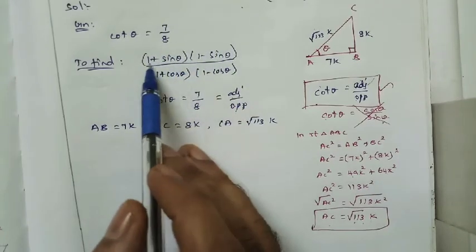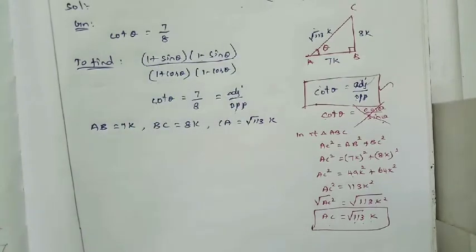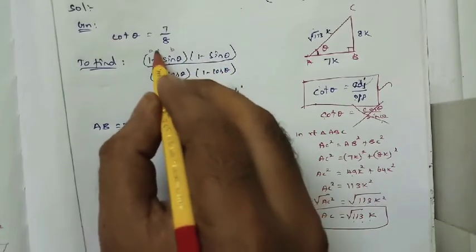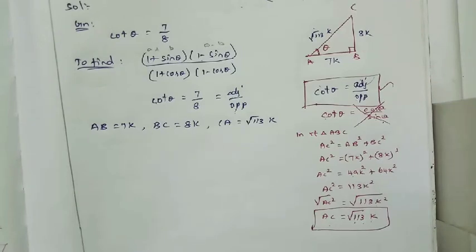Here, before substituting, 1 plus sin theta into 1 minus sin theta is in the form of a plus b into a minus b, which is nothing but a square minus b square. In the denominator also we have the same format, a plus b into a minus b, so a square minus b square.